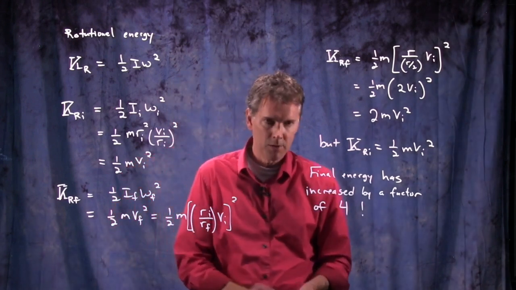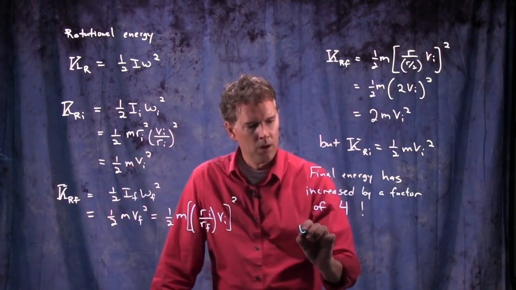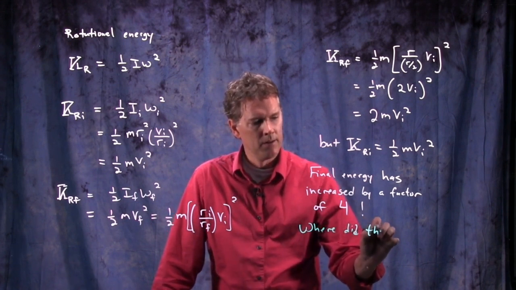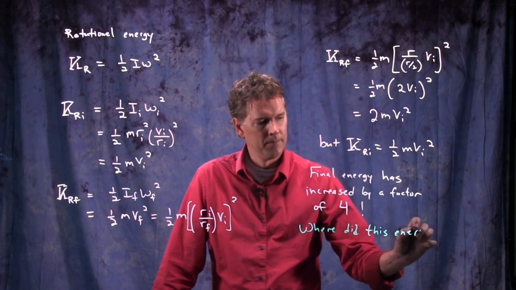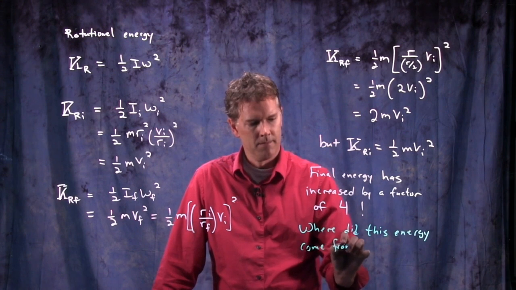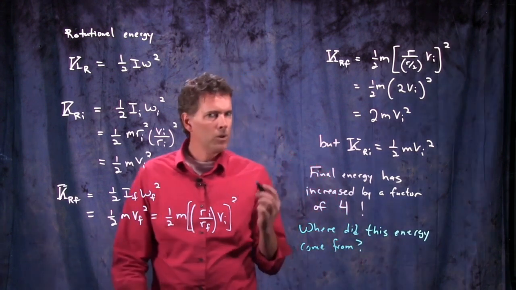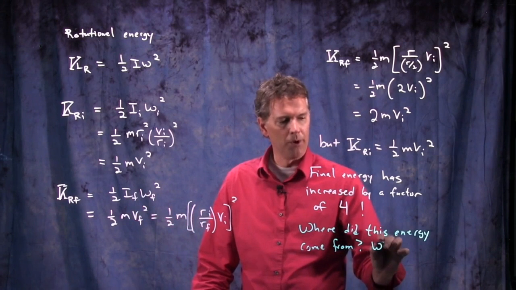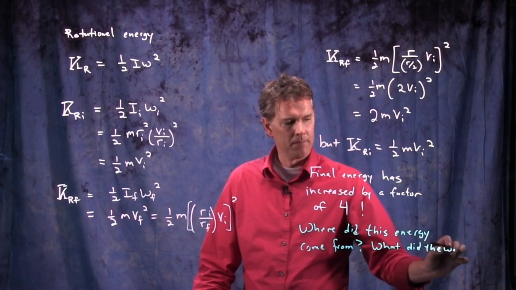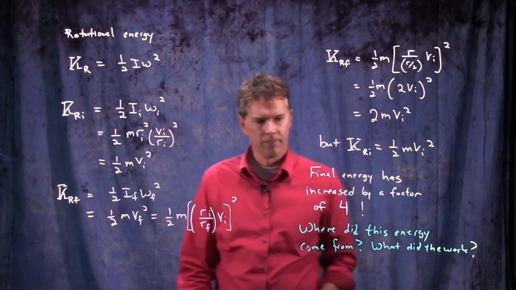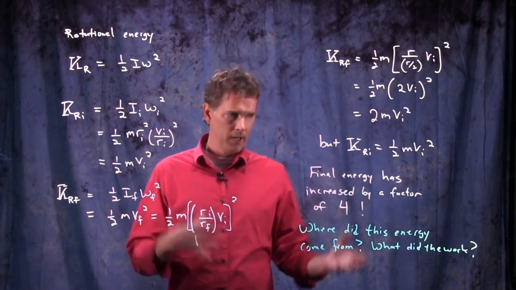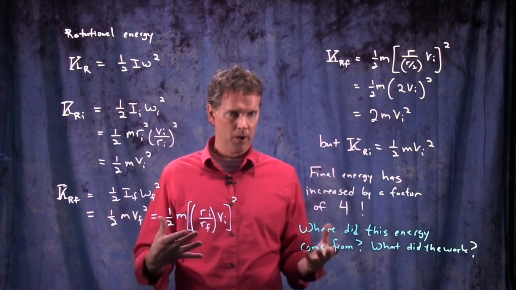And so let's ask you a follow-up question. Where did this energy come from? In other words, what did the work? Well, energy is not created or destroyed. Energy has to go somewhere.